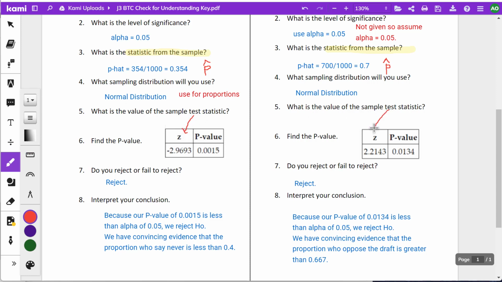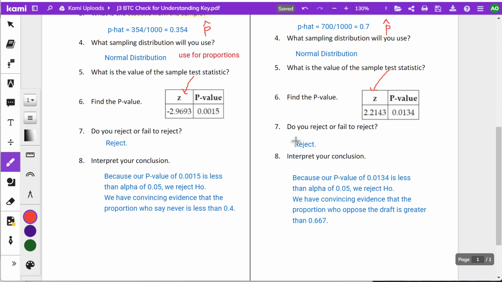And the p-value hopefully is pretty obvious, right? Okay, do we reject or fail to reject? Again, very low p-value, so we reject. Because our p-value of 0.0134 is less than alpha of 0.05, we reject H0. We have convincing evidence that the proportion who oppose the draft is greater than 0.667.